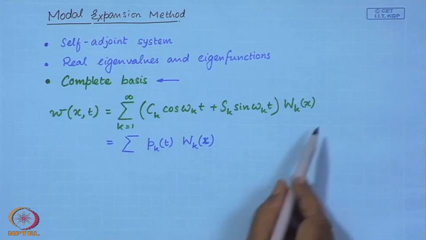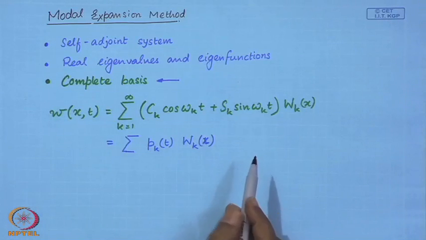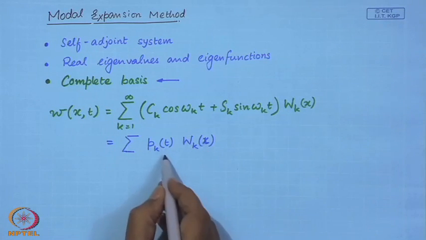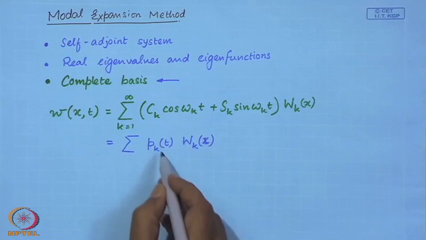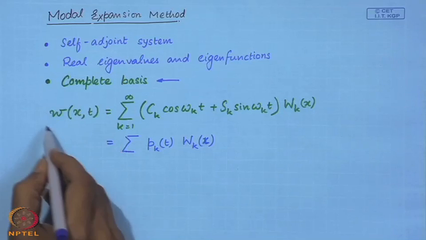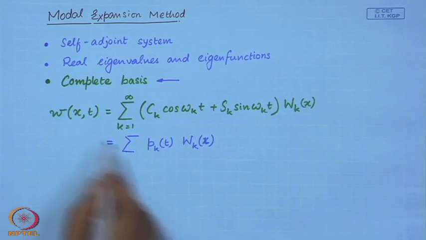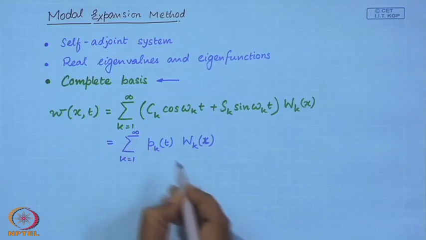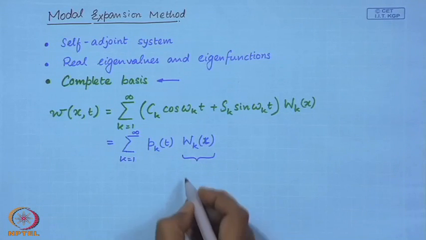Now, what this says is that, say for example, at a certain time instant t, the solution or this field variable is an infinite expansion in terms of these eigenfunctions.